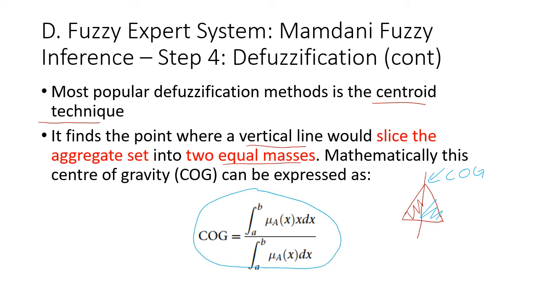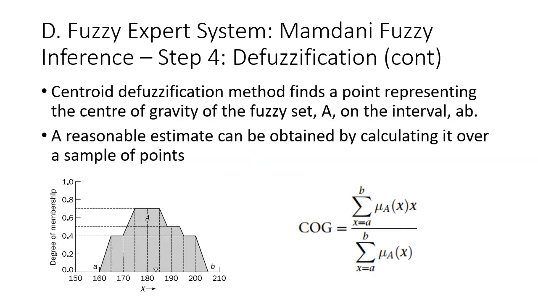So if you notice, this is basically some integration formulation, or integration operation, to find area. So the centroid defuzzification method would find a point representing the center of gravity of the fuzzy set A on the interval AB.